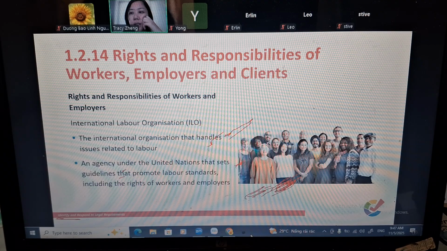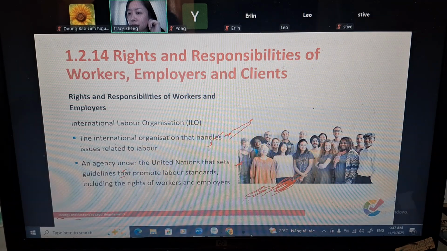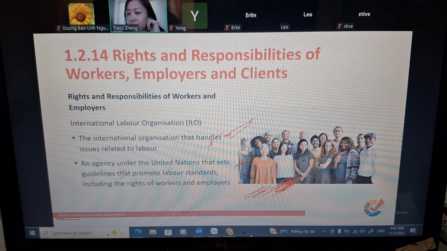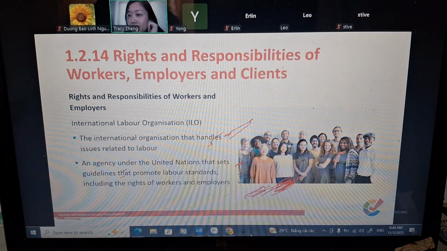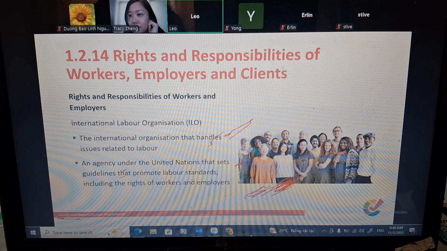I'm asking you guys every single week about your responsibility. Do you still remember, as a care support worker in an aged care facility, what would be your responsibility and your role? Anyone? Supporting the client.